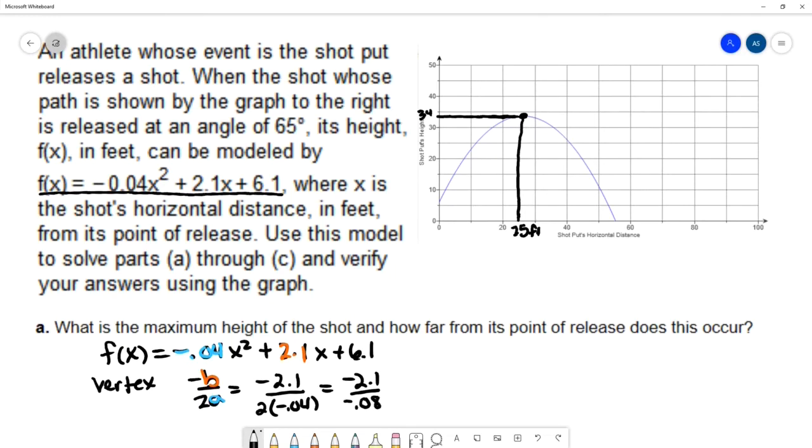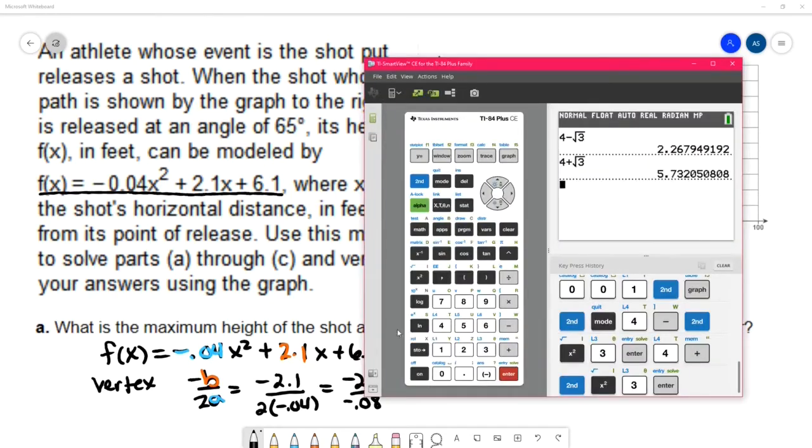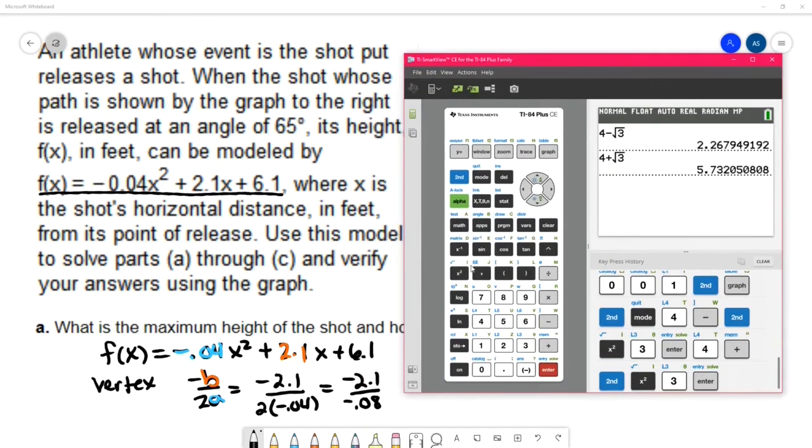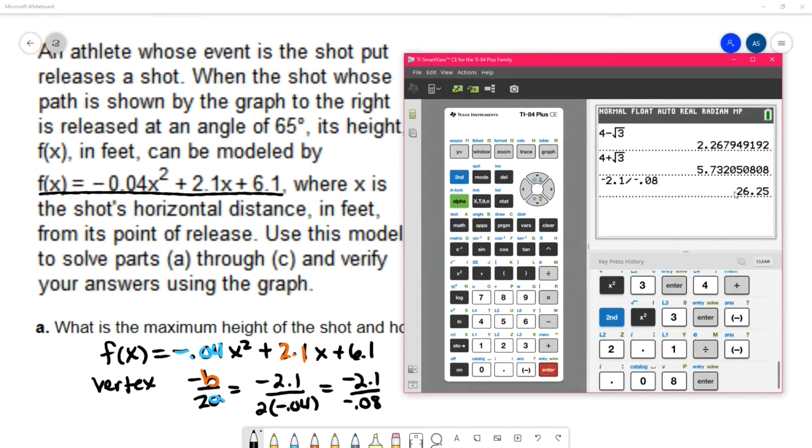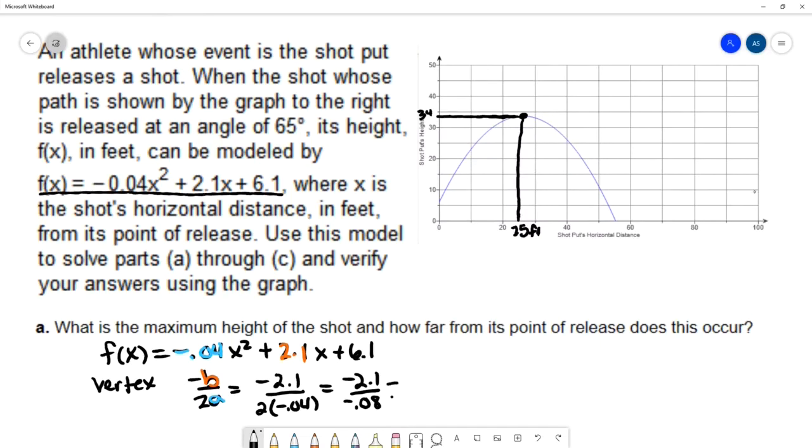Let's grab our calculator. Using the calculator, we have negative 2.1 divided by negative 0.08, and we have 26.25. So this is going to be our distance from the point of release.